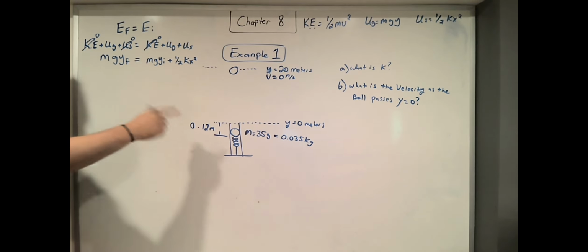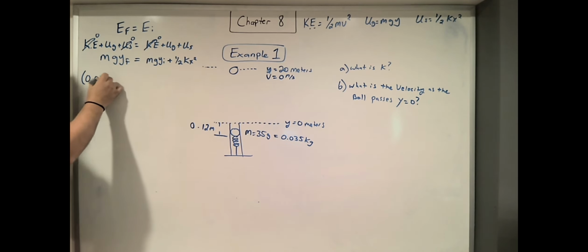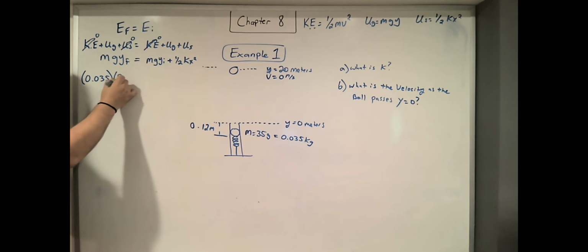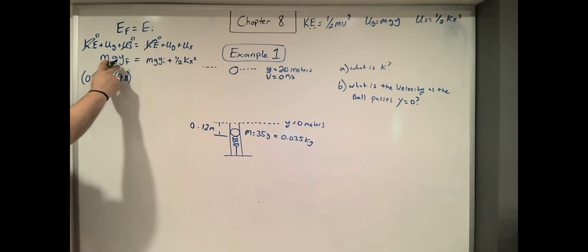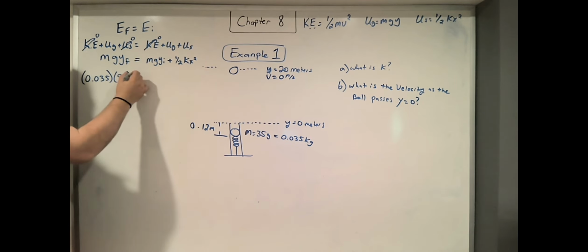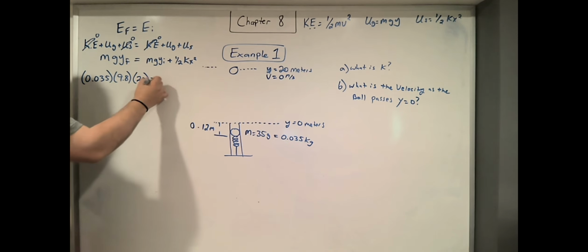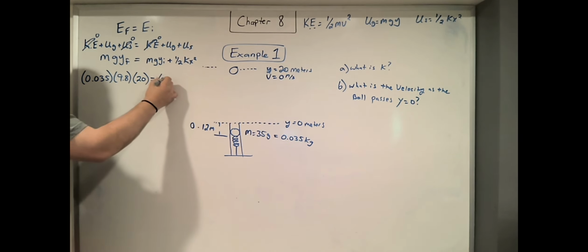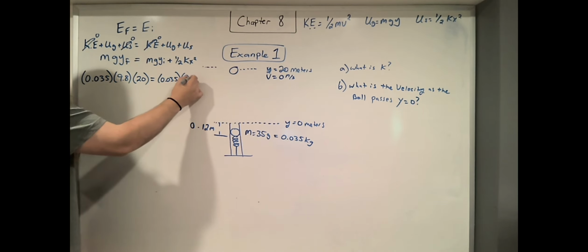The mass is going to be referring again to the mass of the ball, so we've got 0.035. Gravity is always 9.8. G is always going to be 9.8. Y final, it tells me that it's 20 meters. 20 in there. Equals, again, mass, 0.035. G, again, 9.8.